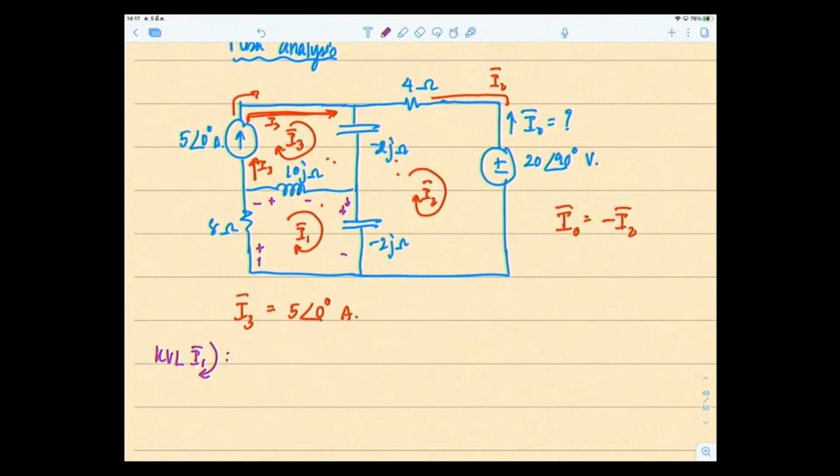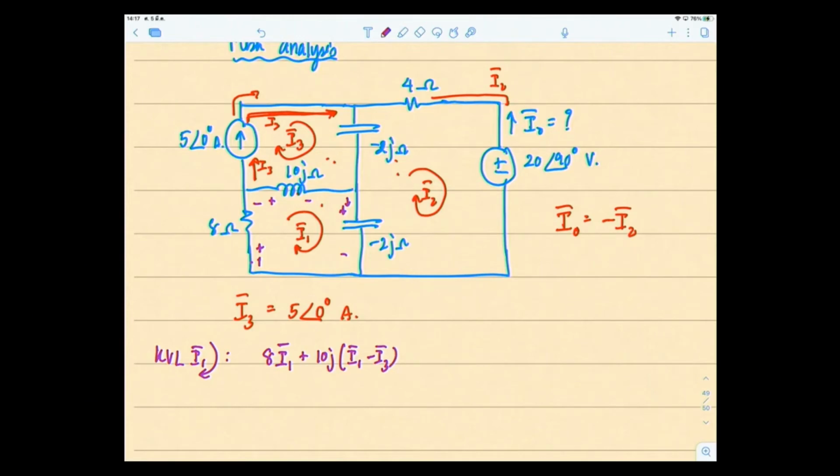Starting from right here, the drop across 8 ohm is R times I, so 8 I1. The voltage drop across the 10J is 10J multiplied by the current going through it. So positive 10J, I1 goes into the positive side, and I3 enters the negative side, so minus I3.